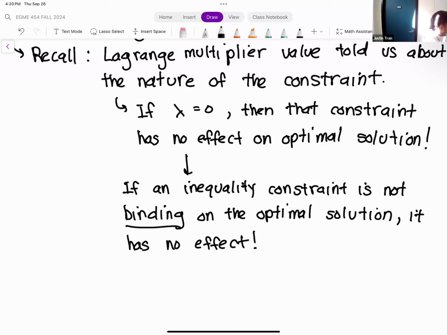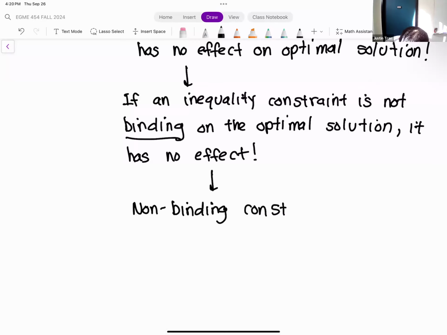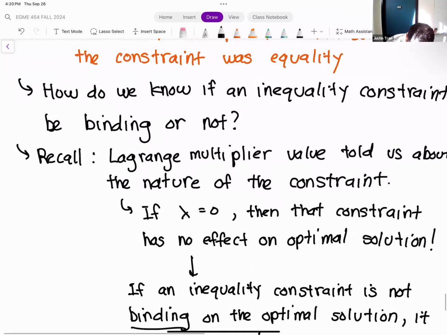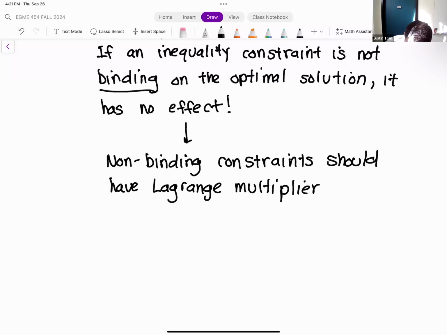Another way to put this mathematically is that if an inequality constraint is not binding, then its corresponding Lagrange multiplier should be 0. And if its Lagrange multiplier is 0, that means we can ignore it in the optimization.